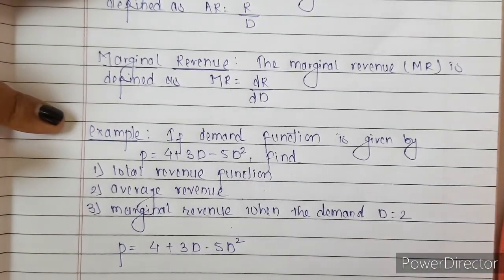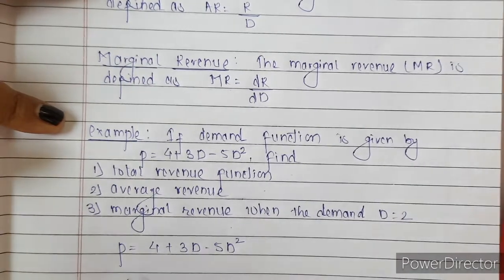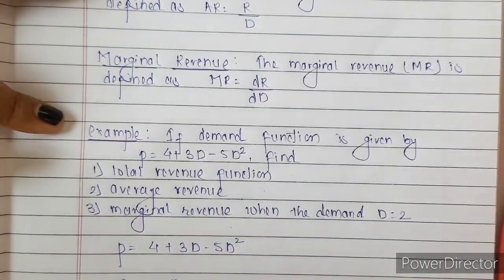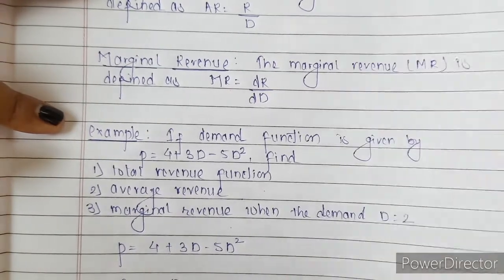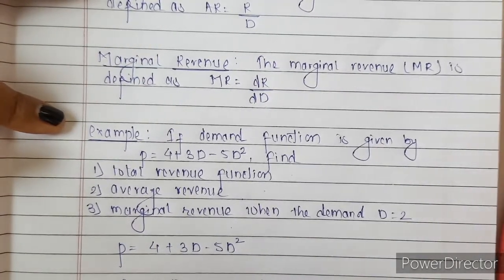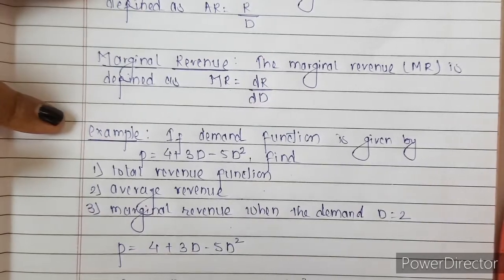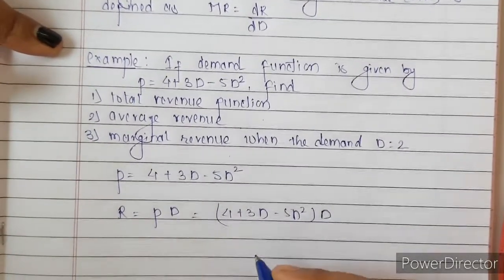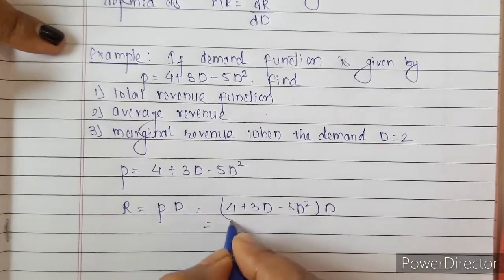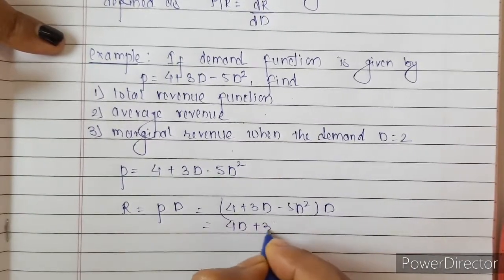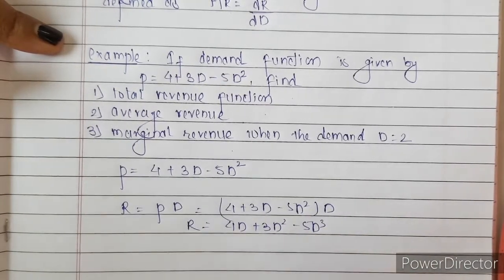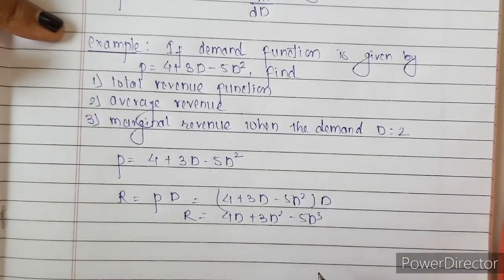Okay, and we know that revenue is nothing but P into D. So this is 4 plus 3D minus 5D square multiplied by D, quantity demanded. Just multiply this, this will be 4D plus 3D square minus 5D cube. This is nothing but the total revenue function.